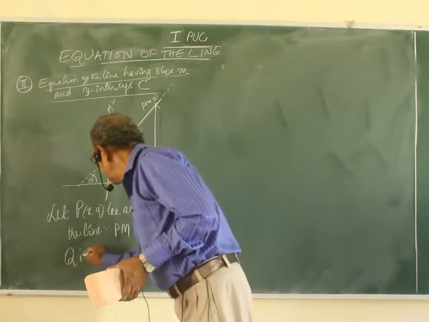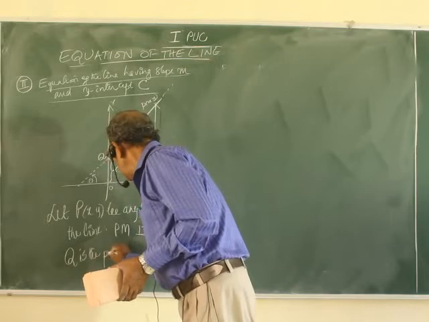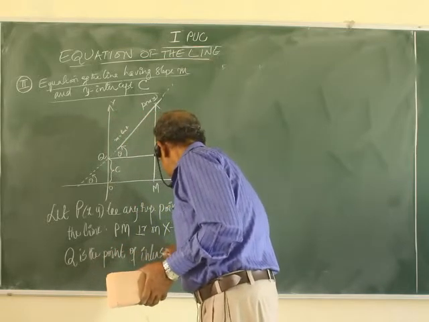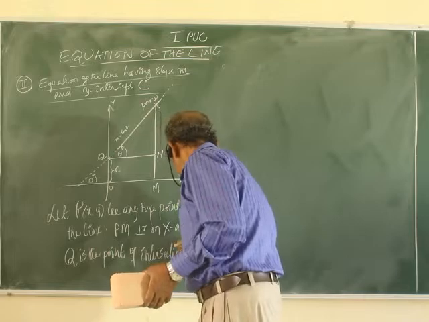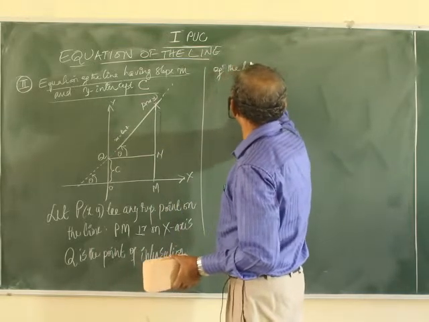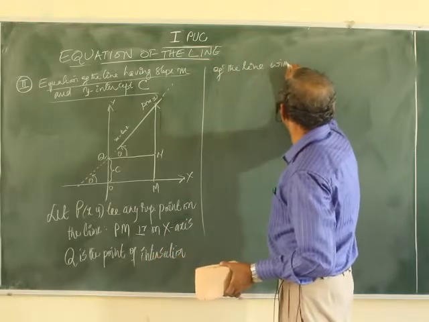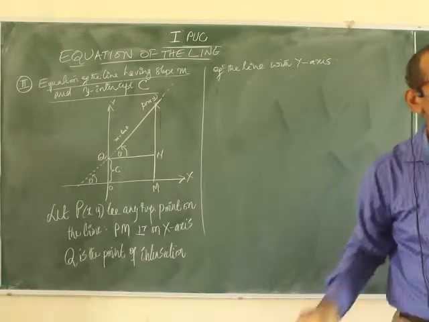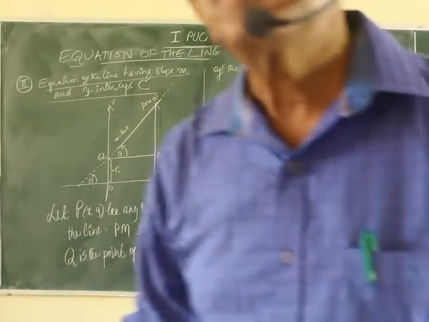Q is the point of intersection of the line with y-axis.